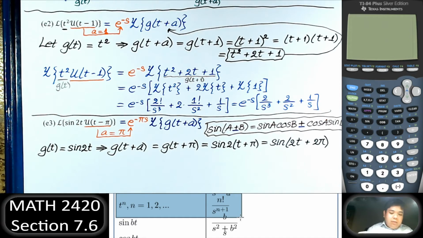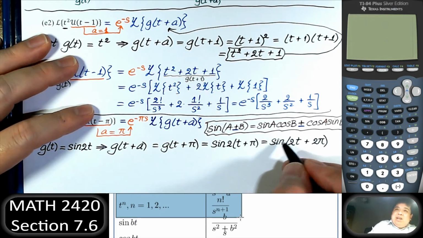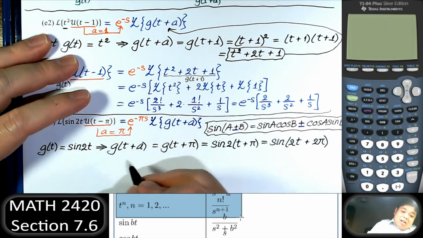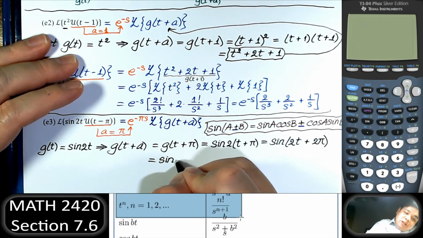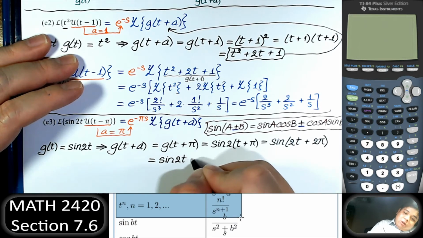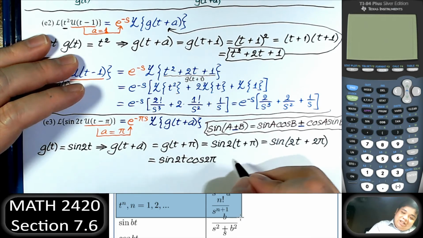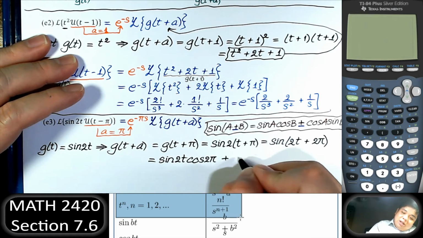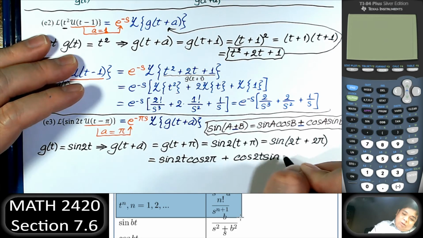Right. By the way, this is just sine of 2t, because the period of sine is 2 pi, but that's of course. Now just apply that formula, sine of 2t cosine of 2 pi or cosine of 0 plus cosine of 2t sine of 2 pi.